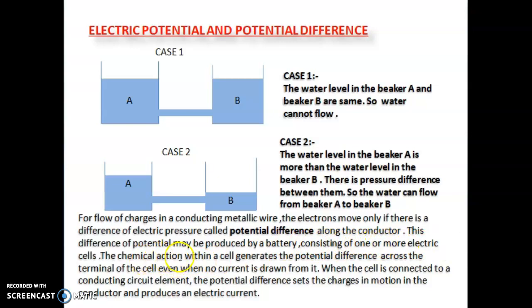The chemical action within a cell generates the potential difference across the terminals of the cell even when no current is drawn from it. When the cell is connected to a conducting circuit element, the potential difference sets the charge in motion in the conductors and produces an electric current.